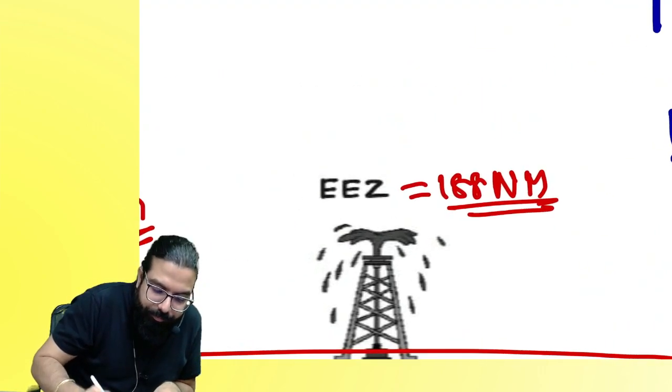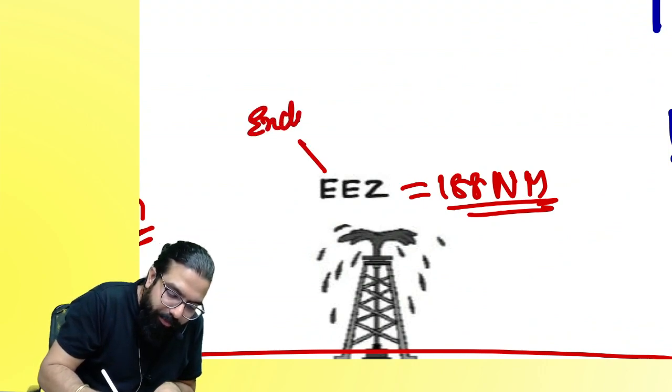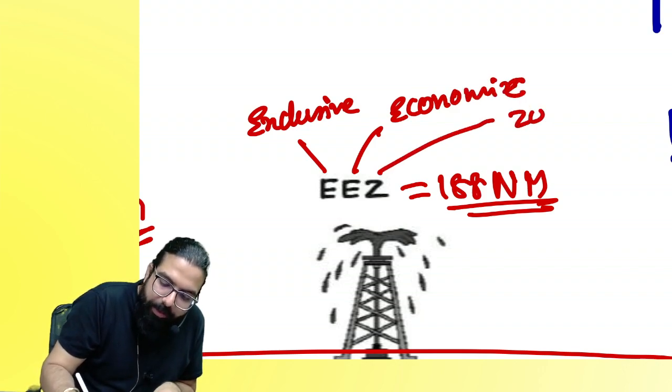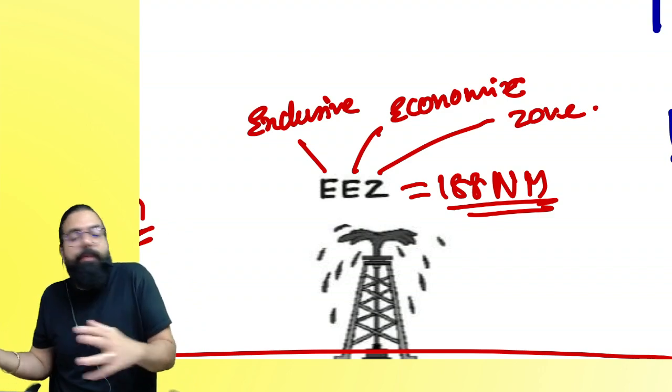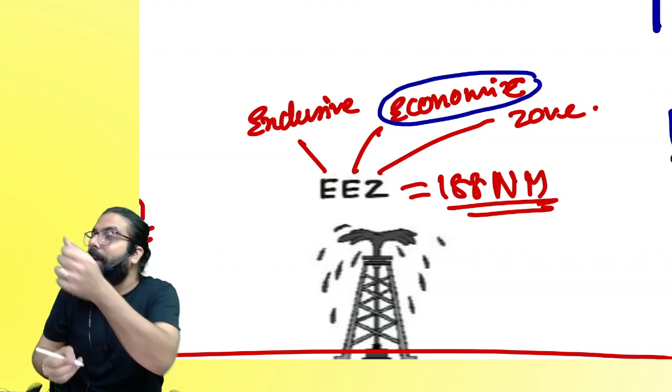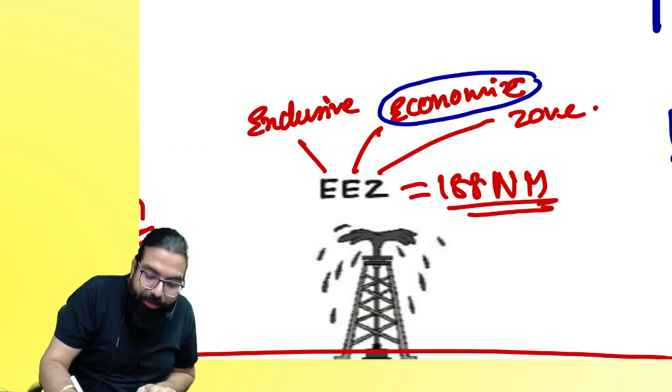This is known as the exclusive economic zone. Sir, why do we call it exclusive economic zone? The economies mean the money generating capacities of this zone.